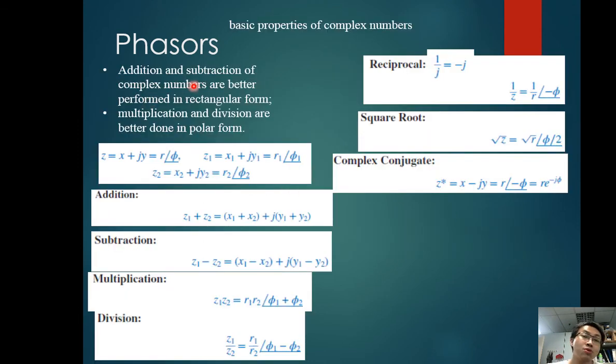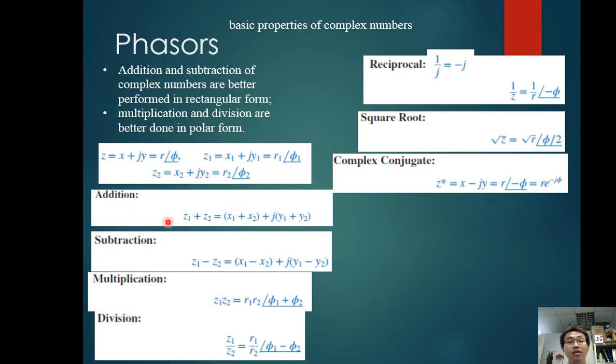So addition and subtraction of complex numbers are better performed in the rectangular form. Multiplication and division are better done in the polar form. These are the basic properties of complex numbers. So for example, let's say I have z equals x plus jy, or equals r angle phi, and for example, I have z1 equals x1 plus jy1 equals r1 angle phi1, and z2 similarly.